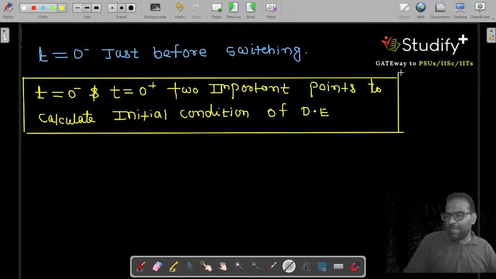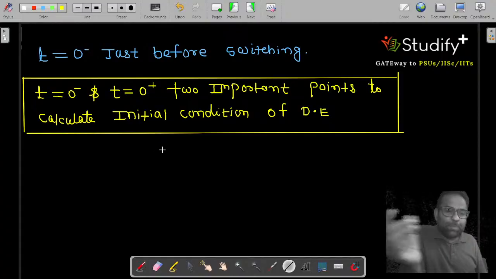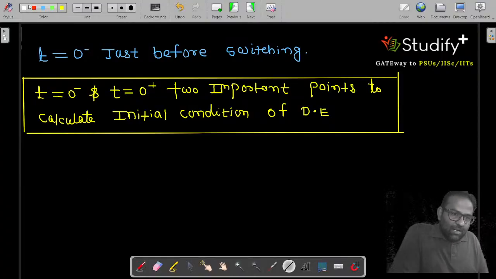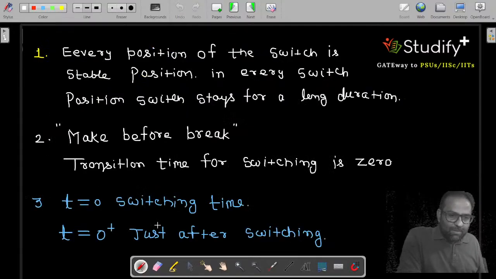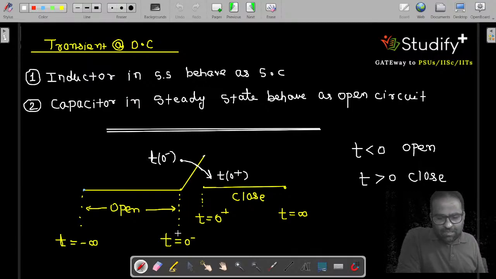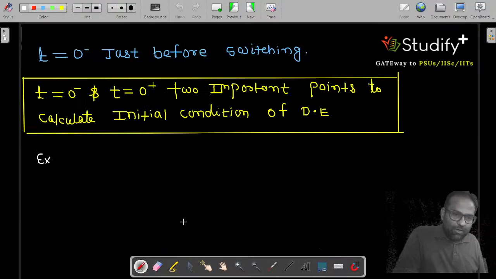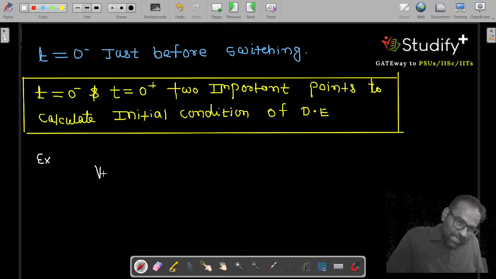What is the reasoning behind it? Because the solution of the differential equation is valid only at t equal to 0 plus. So what will we copy? Suppose the capacitor voltage is available at 0 minus. For example, by some analysis you are able to know the voltage across the capacitor at 0 minus.